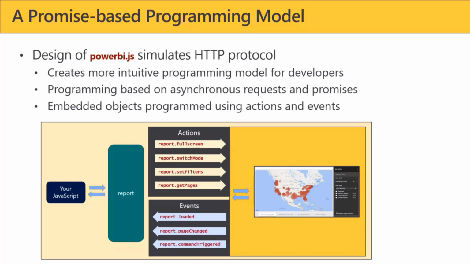At the end of the day, there's some low-level plumbing using HTTP, ways to move across domains. But it effectively gives you a set of actions, which are methods, so that you can do something to a report, like switch between edit mode and view mode. And there are also events, so you can write JavaScript code that gets triggered in response to an event like loaded or page change.